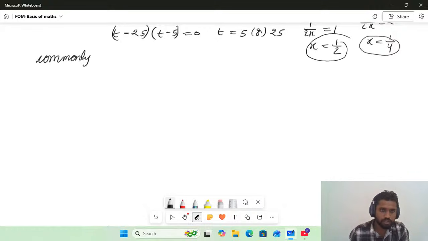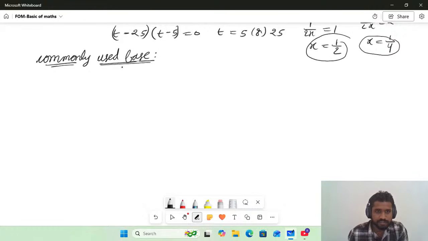Can anyone tell me which base you have seen while writing logarithm? 10 and E, yes, of course. 10 and E are the commonly used bases. So logarithm with base 10 and logarithm with base E.